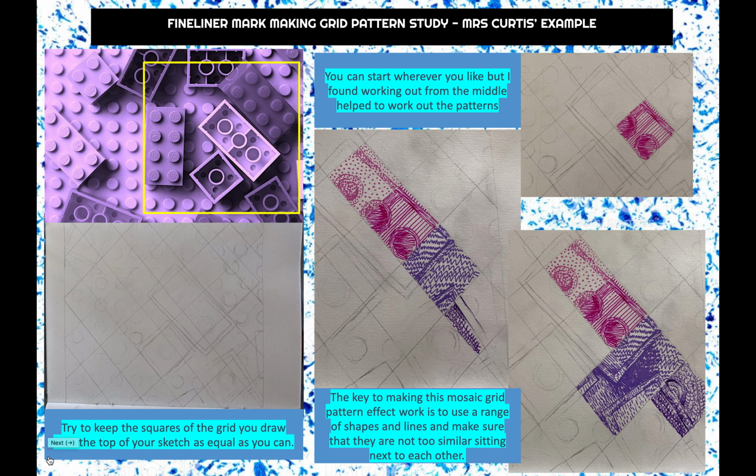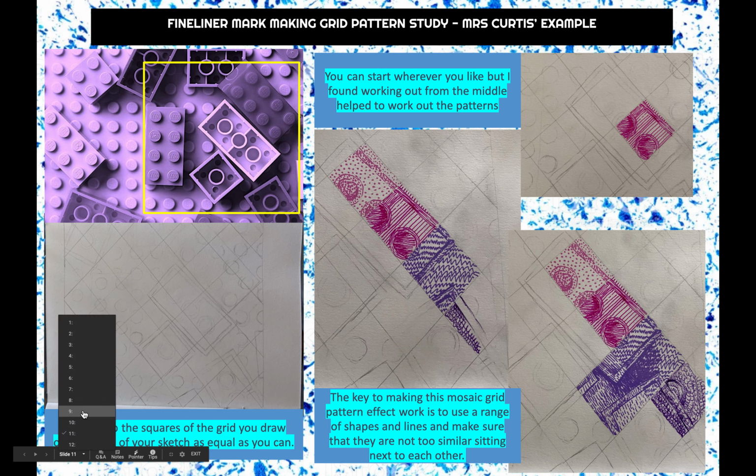So when you create your piece, we are looking for lots of different types of mark making. If you want to vary the different colours, then please do so. If not, just stick with black and white. What we are looking for in this task is one of the two options, okay? You don't have to do both. If you do want to do both, then you're more than welcome, but we're looking for one of the two options.